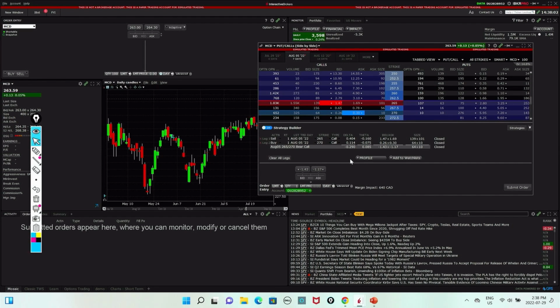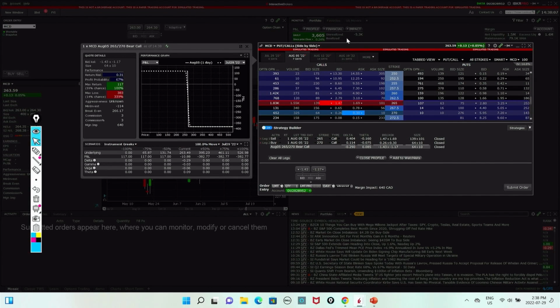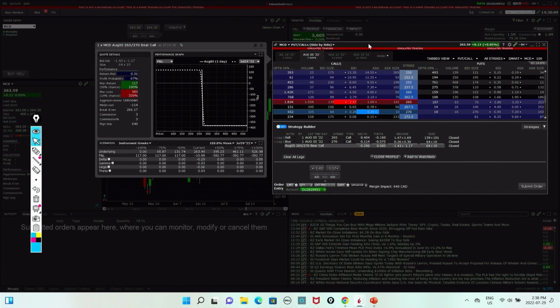So the profile here is quite different. Now the best case scenario here is if McDonald's closed anywhere under 265. Why? Because if McDonald's closed anywhere under 265, you get to keep all the premium that you collected.